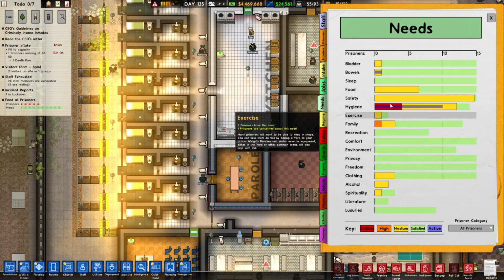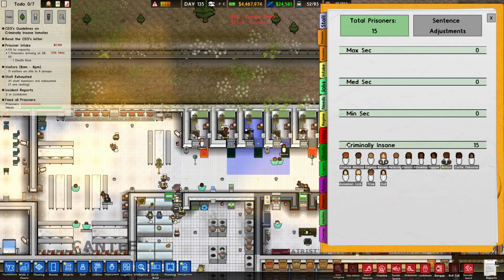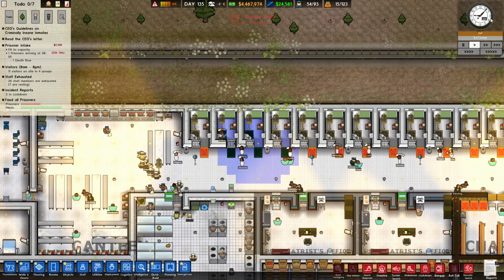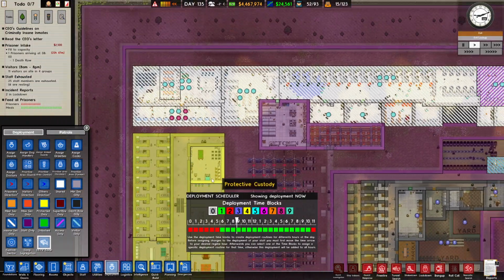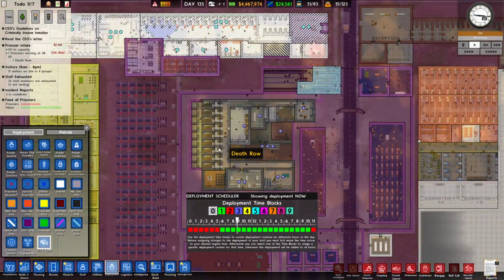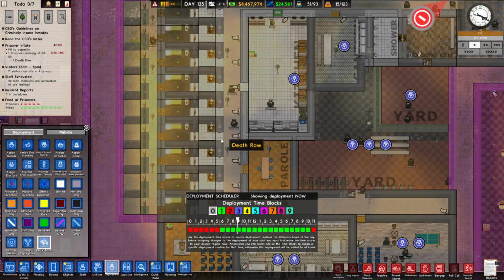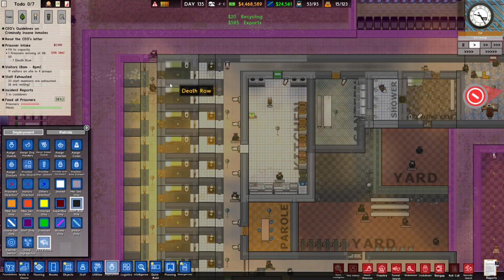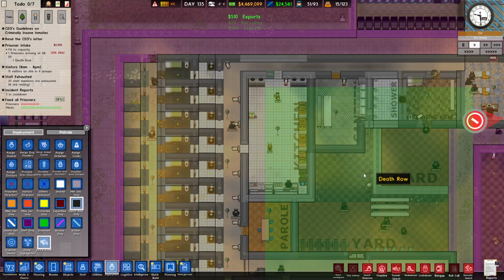Go to our prisoner list. No, they're all criminally insane. There aren't nobody else. Jet deployment hasn't got broken at some point. No, it's fine. Everything's showing up as death row like it should.